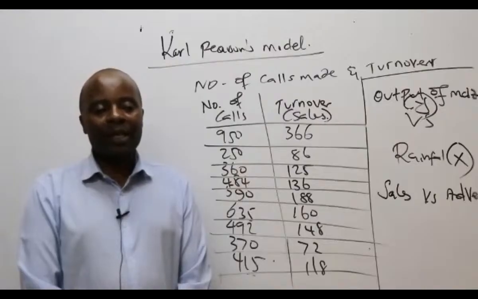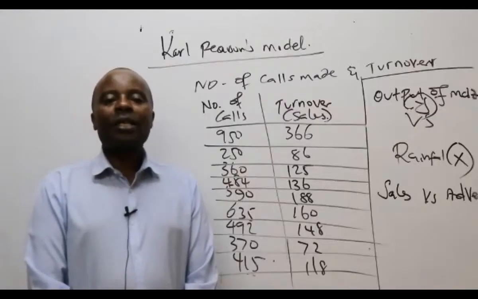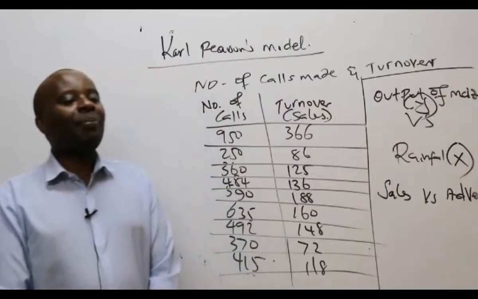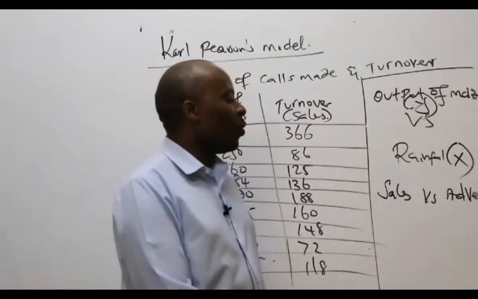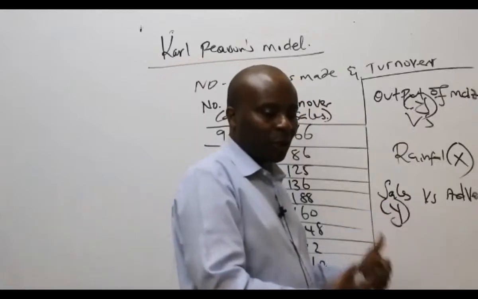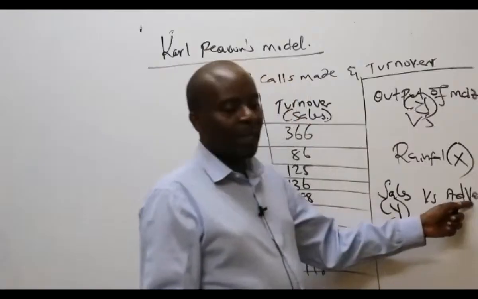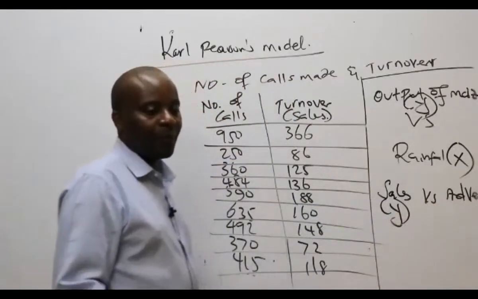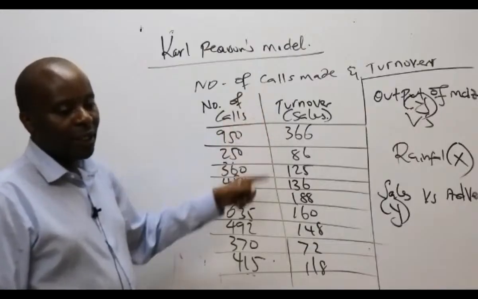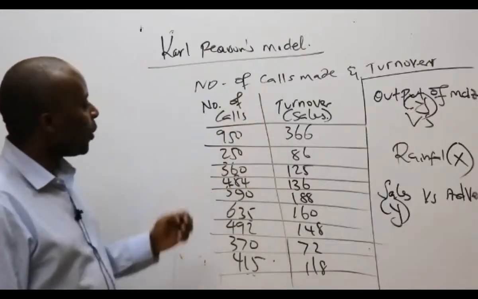So, ladies and gentlemen, you must always look at the variable that depends on the other. Like now here, y will be sales because sales is dependent. It's a function that is being influenced by advertising. So look at this keenly. Which one depends on the others?